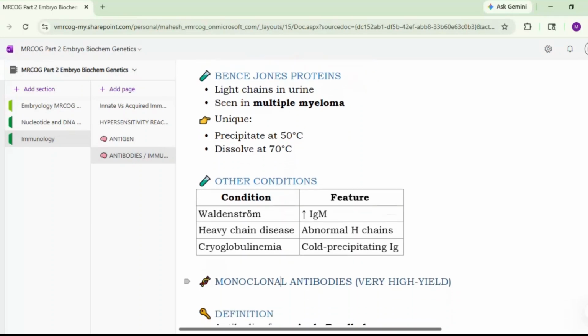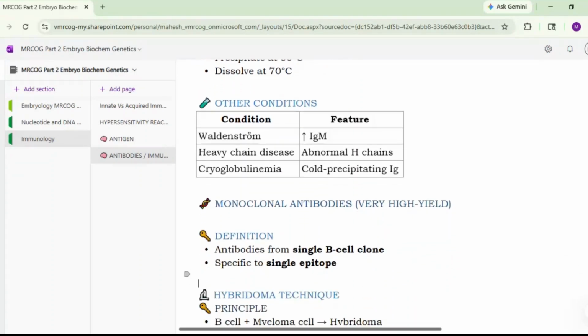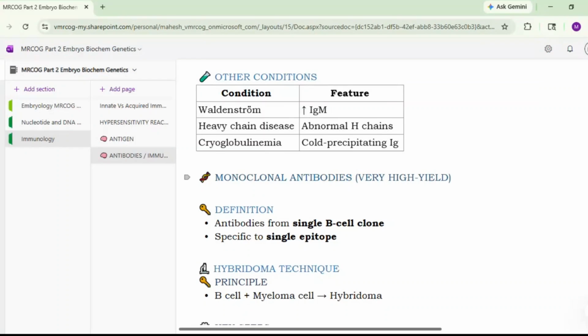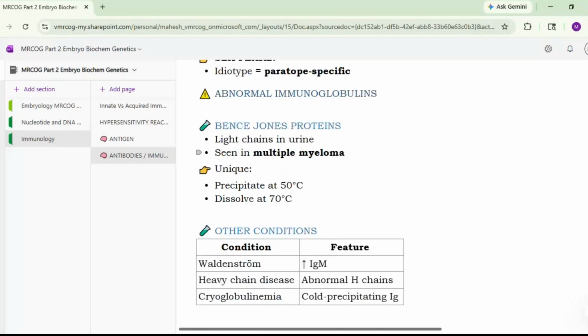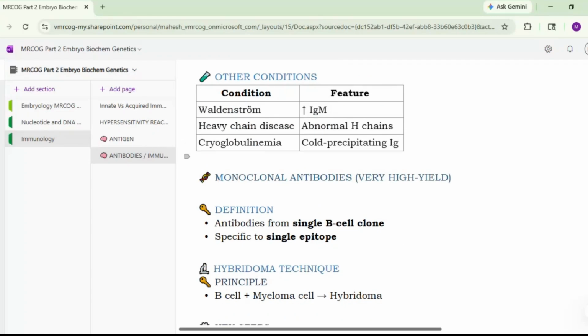Okay. Another important concept is monoclonal antibodies. What we have seen here were abnormal immunoglobulins: Bence-Jones proteins, Waldenstrom, heavy chain disease, and cryoglobulinemia. Now the concept of monoclonal antibodies.